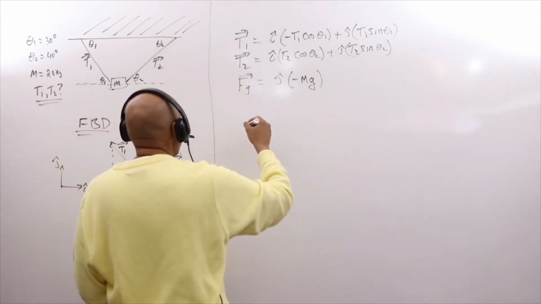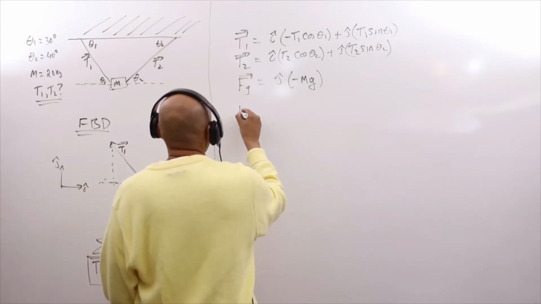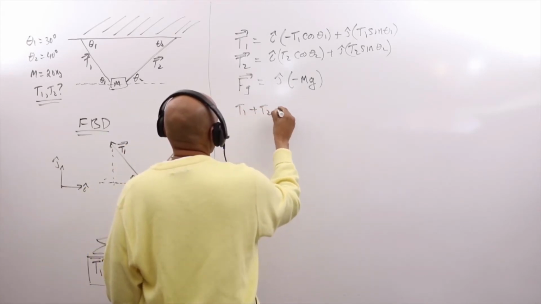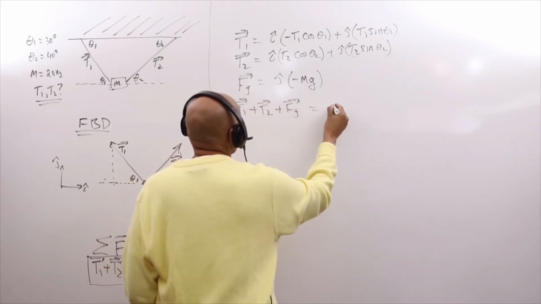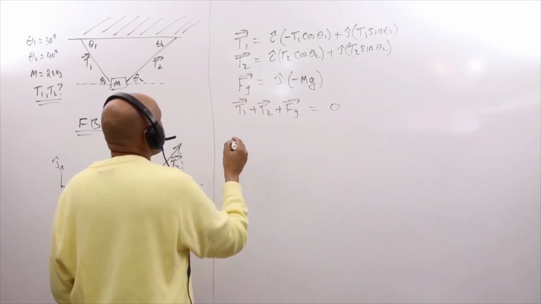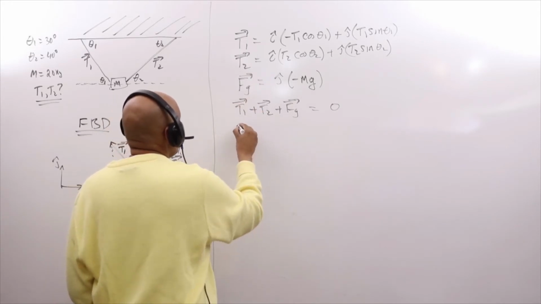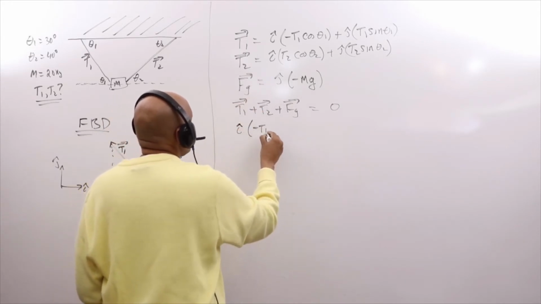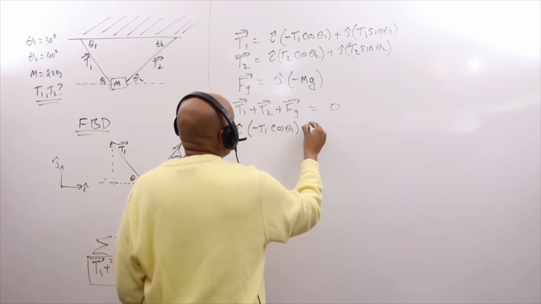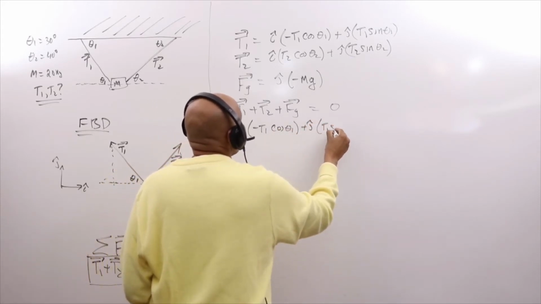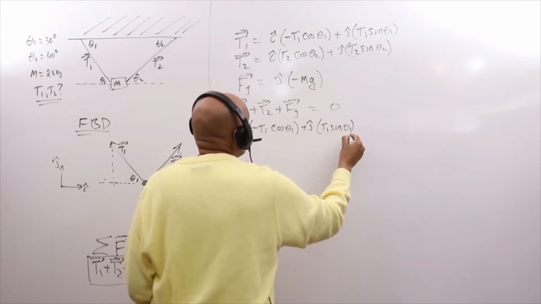So we start substituting into the equation T1 plus T2 plus force of gravity is equal to 0. Here's i times minus T1 cosine of theta 1 plus j T1 sine of theta 1.